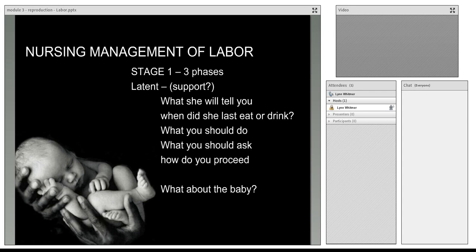Now if I find that she's not really making cervical change, that she really doesn't act like she's in labor, her contractions are kind of spaced out, but she's close to her due date, then I might send her walking for an hour. But when she comes back, I have to put her back on the fetal monitor to assess the fetal well-being before I can make a decision if she goes home or stays.